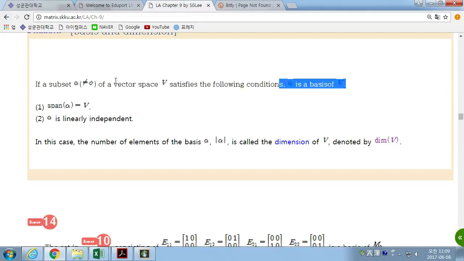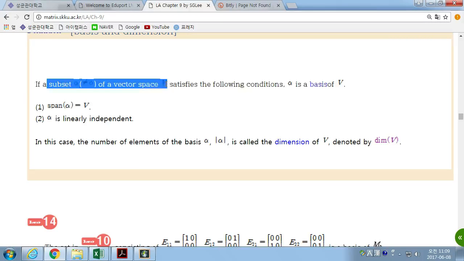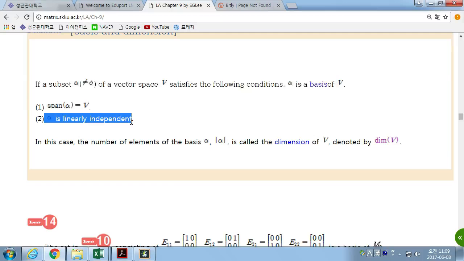So if a non-empty subset alpha spans the whole vector space and alpha is linearly independent, then we say this non-empty subset alpha is a basis for the vector space V.